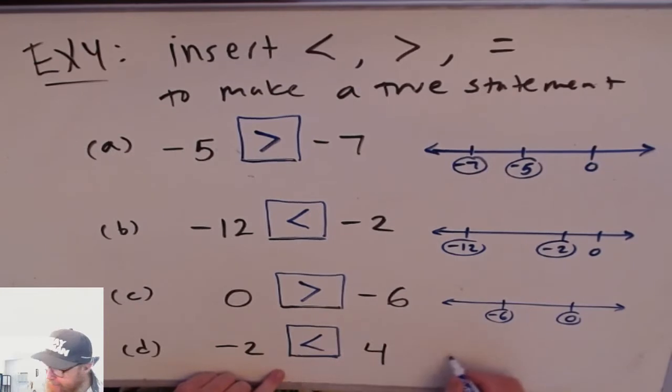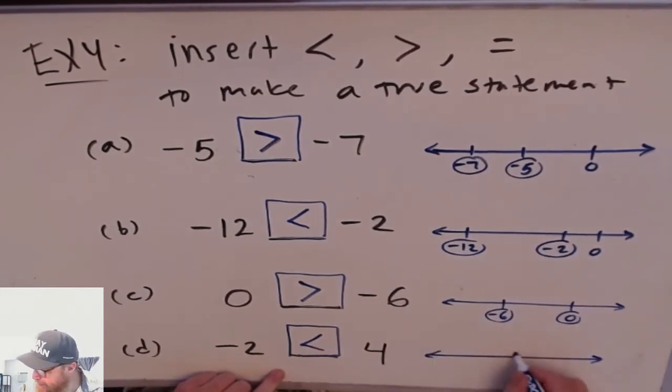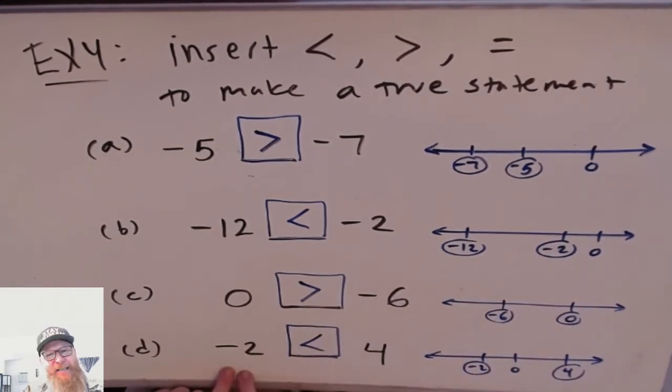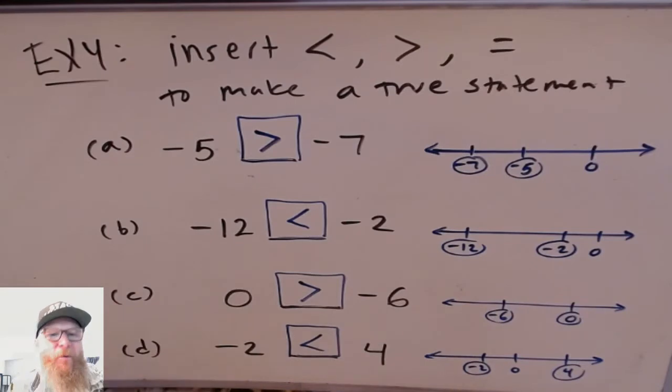Every positive number is automatically greater than any negative number. So if you're given a positive number and a negative number, it doesn't even matter what the numbers are. The positive number is always on the right. Okay. So none of these were equal.